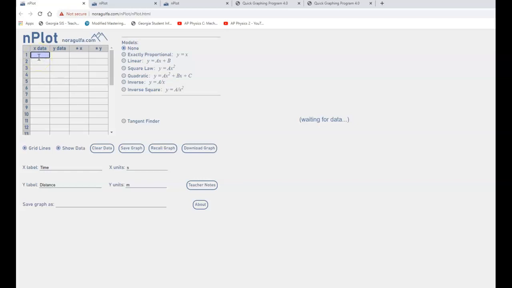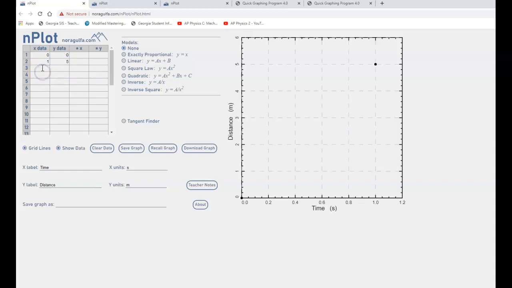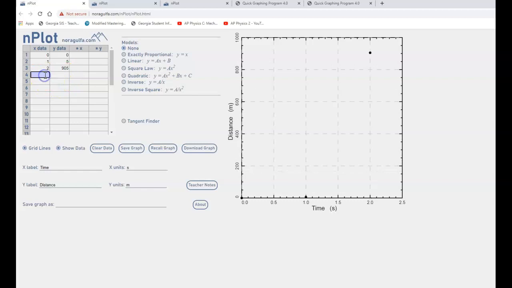And then I'm going to put in some data. I wrote some down. I'm going to put in 0, 0. And then 1, 5, 2 and 9.5, 3 and 16, 4 and 19, 5 and 27.